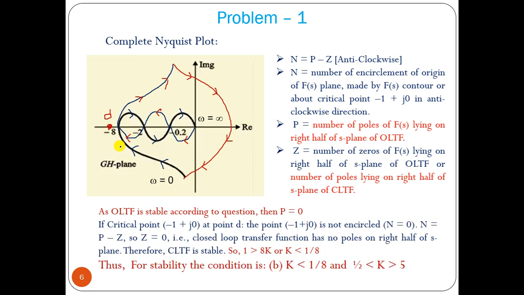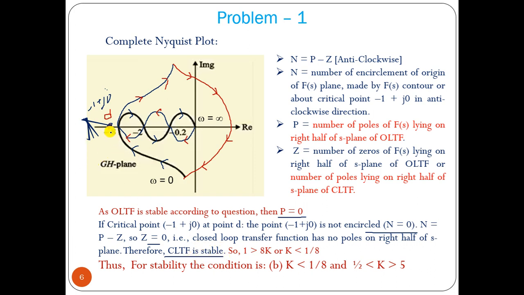Then if you take another point D, which is outside the Nyquist plot, that means there is no encirclement, so N equal to 0. There is no encirclement of this point minus 1 plus j0. If we assume this point at D location, N equal to 0, we know P equal to 0, so Z is 0. So the closed loop transfer function becomes stable.